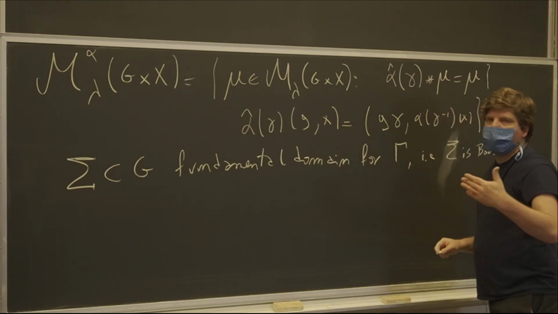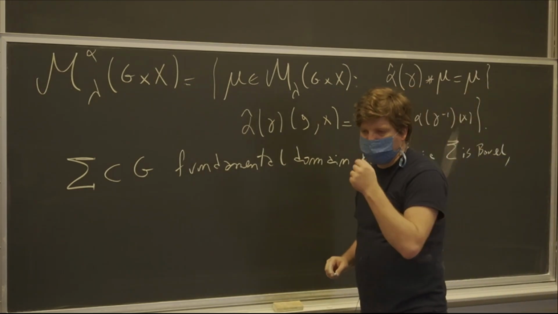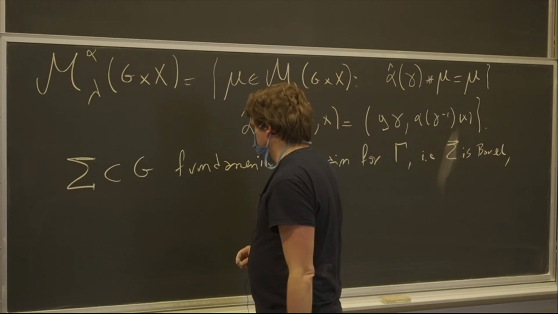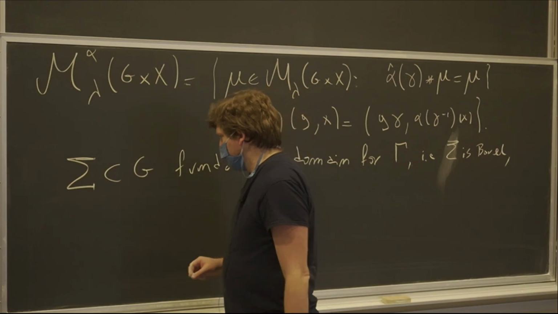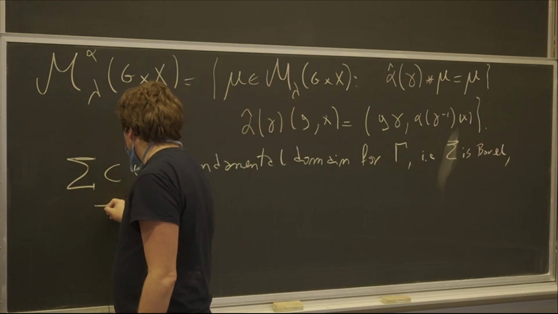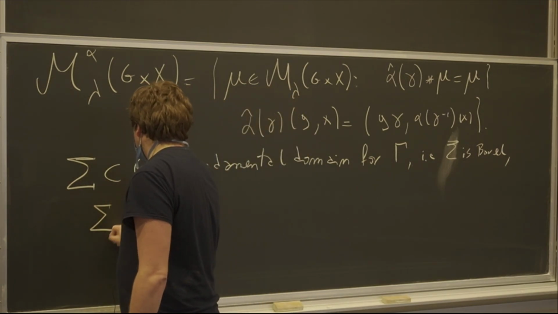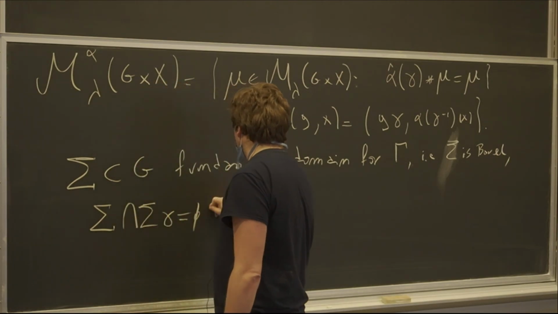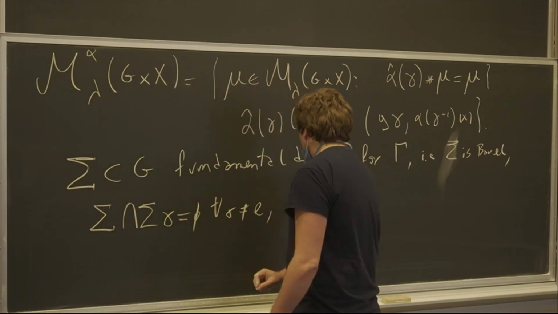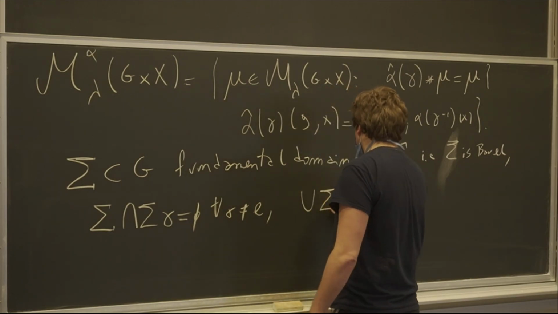Actually, it will be a semi-open, semi-closed set. Actually, I could take it open if I only work mod 0, it doesn't matter. So sigma intersection sigma gamma is empty for every gamma not identity, and the union.